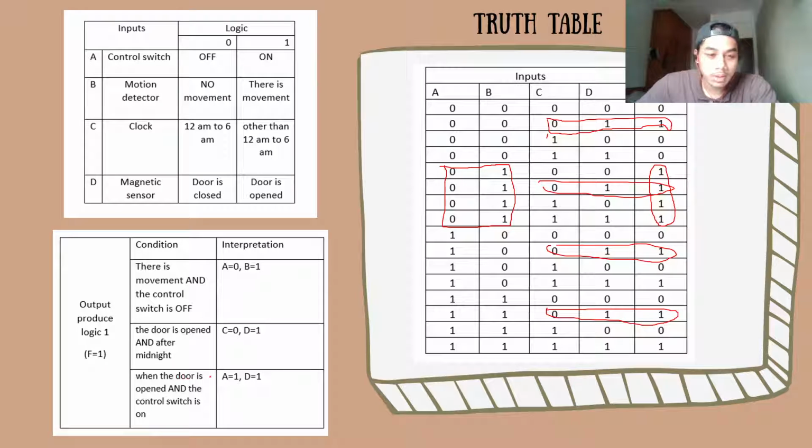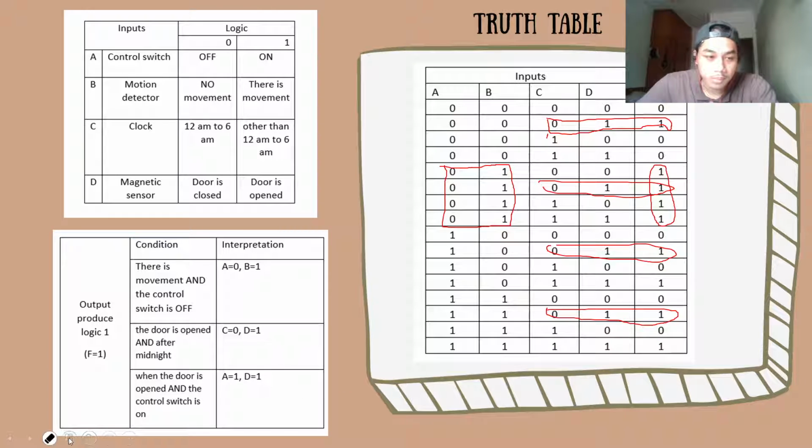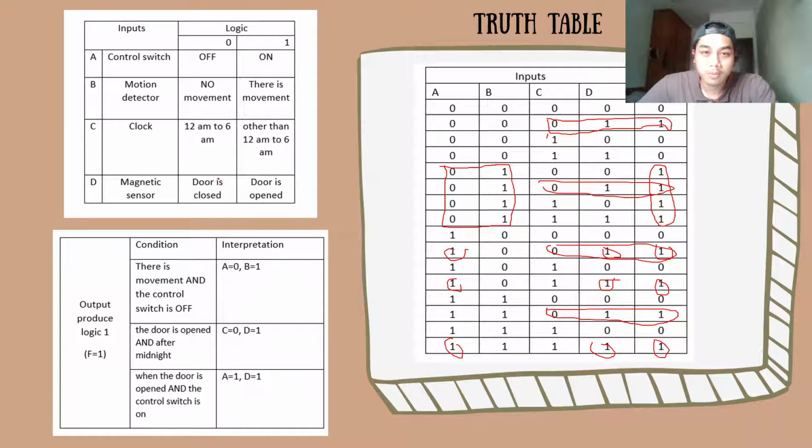And the final condition is A equal to 1 and D equal to 1. So this is the final output. So from the two tables, we can proceed to the timing diagram for the next slide.